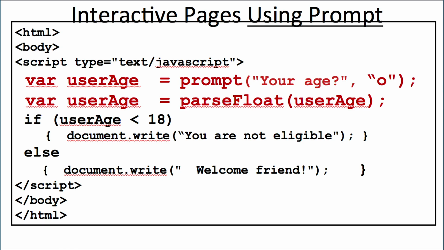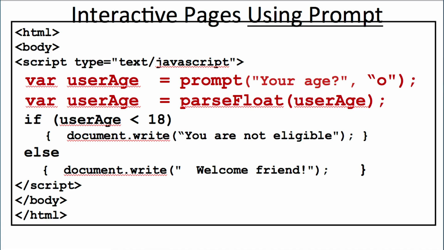This statement is the same, and then we have declared a variable, that is userAge, where userAge equals prompt, "your age?", comma 0. So prompt is an input statement. By using prompt we can input any value in JavaScript.